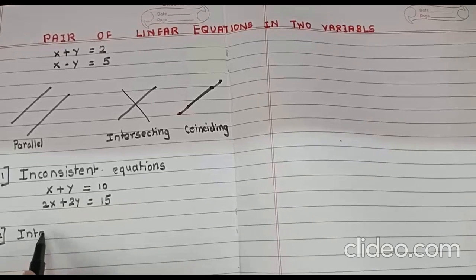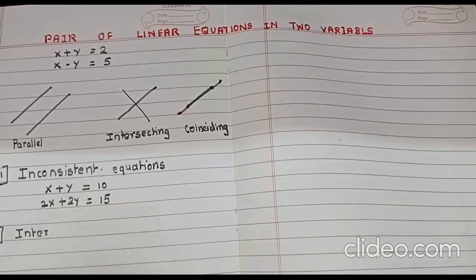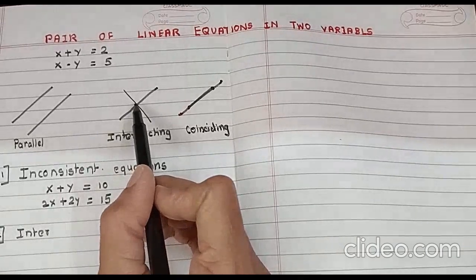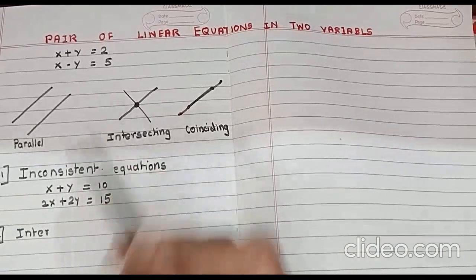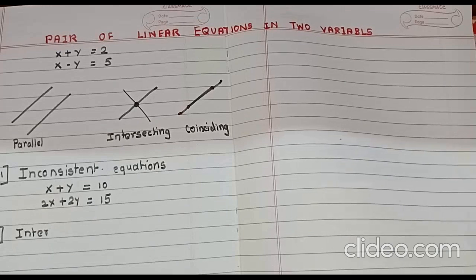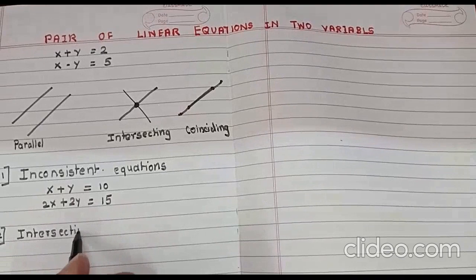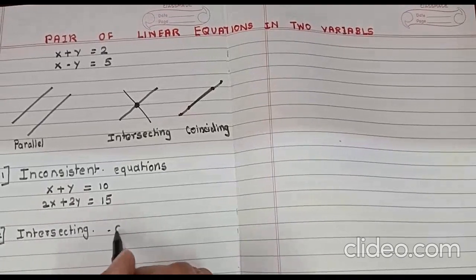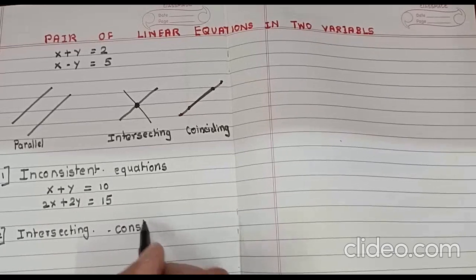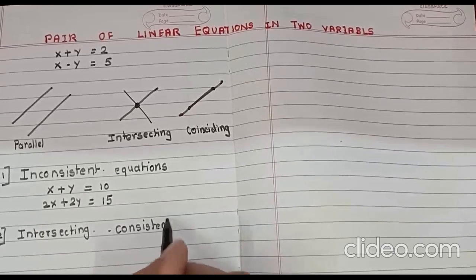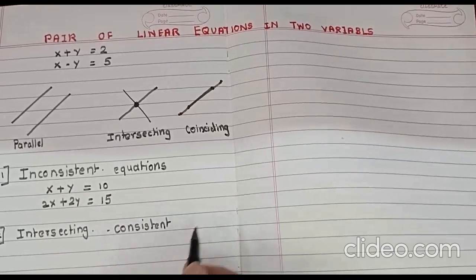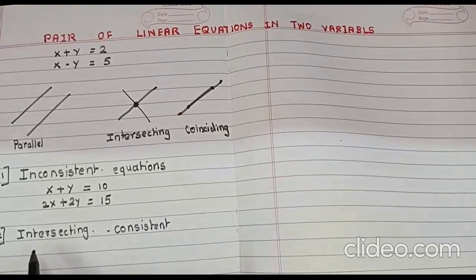intersecting means, as you can see here, you have one solution, a unique solution. So what is intersecting? These equations are called consistent equations. How can you represent? Take one example.